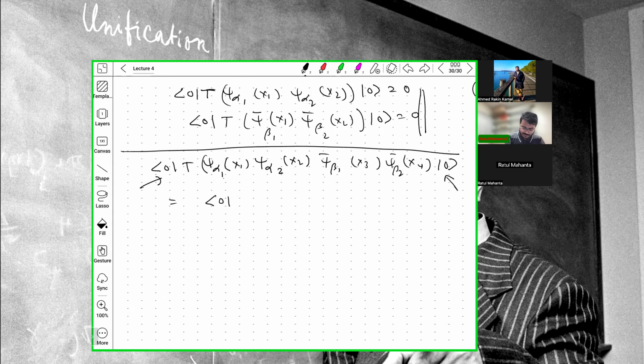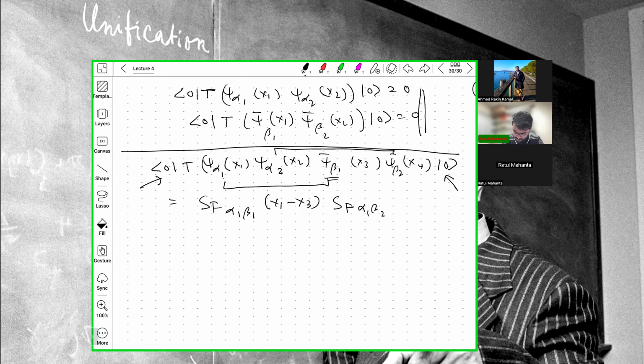This will finally lead to S_F alpha 1 beta 1 (x1 minus x3) times, so I am contracting these two, and the other two should finally be contracted in the correlator. So it will be a product of 2-point functions.